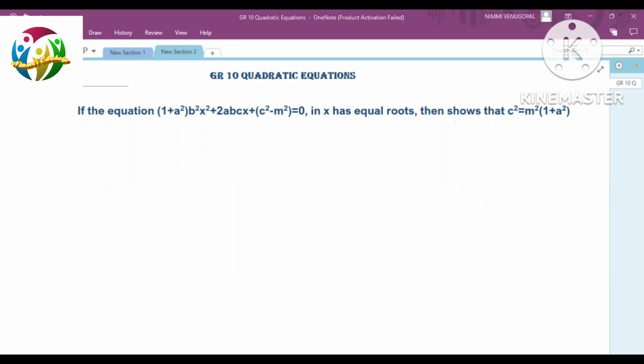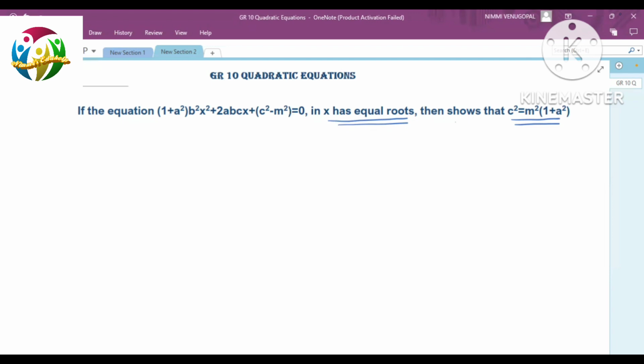The question is, if the equation (1 plus a square) b square x square plus 2abc x plus c square minus m square is equal to 0, in x has equal roots, then show that c square is equal to m square into (1 plus a square).